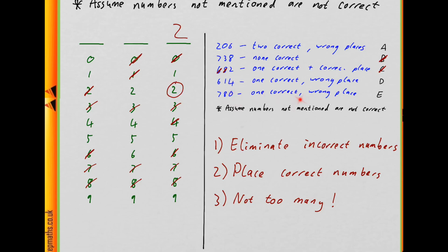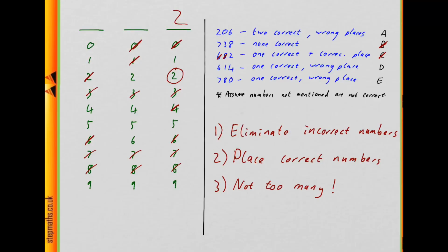So 0 has to be correct and in the wrong place. To be in the wrong place means being in one of the first 2 boxes, which is okay because those are the only 2 left. And if we look, 0 has been ruled out in this column but not in this column. So that means 0 has to be correct in the first column.